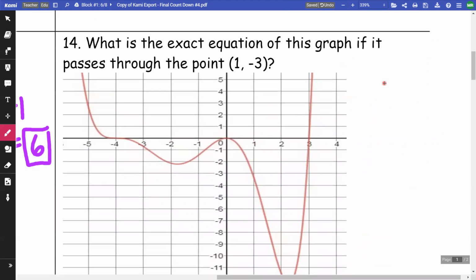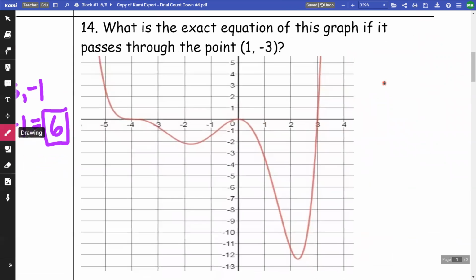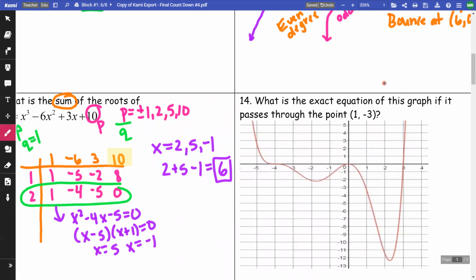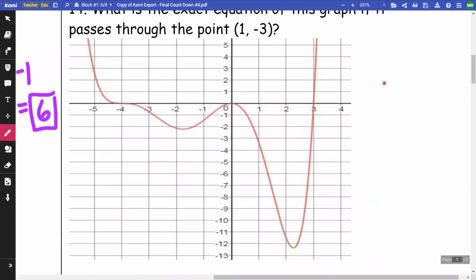Okay, so on this one, they want us to give an exact polynomial. Okay, so that means we need to find our stretch, we need to find our A. I'm just going to color code things. Let me code them to the same colors I did: pink, orange, okay, and purple.